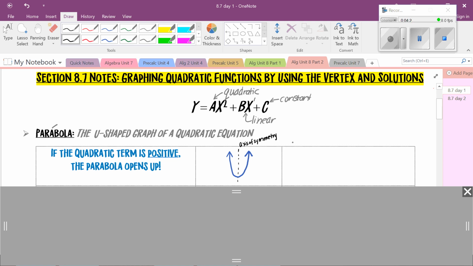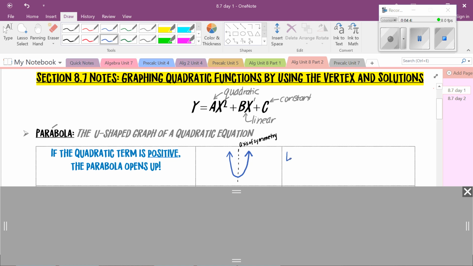Now, if you remember, we've talked about the x-axis and y-axis. The x-axis is a horizontal line. The y-axis is a vertical line. So this axis of symmetry is, the word axis means line. So it's a line that makes the parabola symmetrical on both sides. So it goes right down the middle.